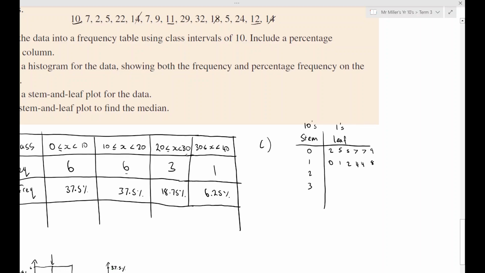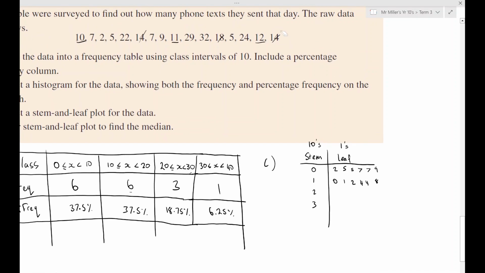Next, numbers beginning with 20, 22, 29, and 24. So in numerical order, this will be 22, 24, and 29. And there's only one value with a stem of 3. It's 31. Oh, excuse me, 32, sorry.